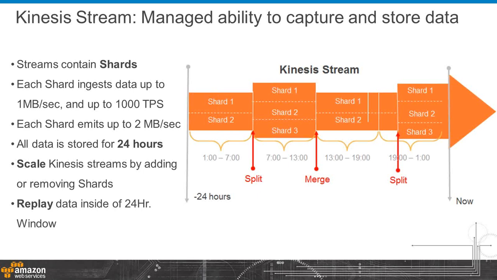A stream is composed of units of scale called shards. Each shard provides a data ingestion rate of 1 megabyte per second and up to 1,000 writes per second for one shard. Every shard can emit data to enable processing at up to 2 megabytes per second.